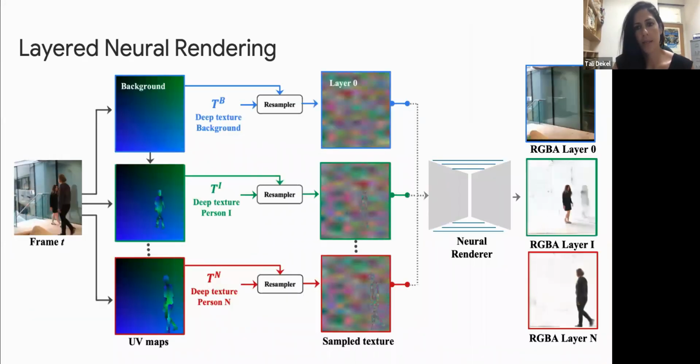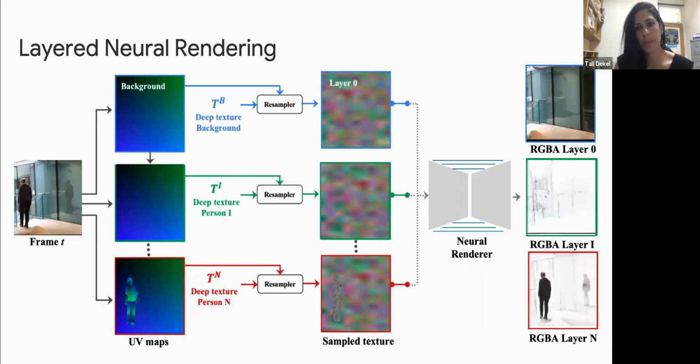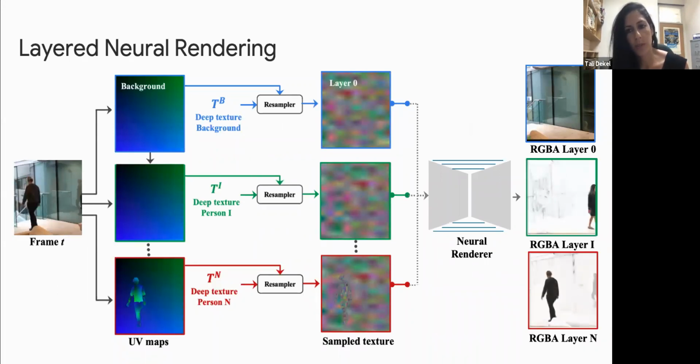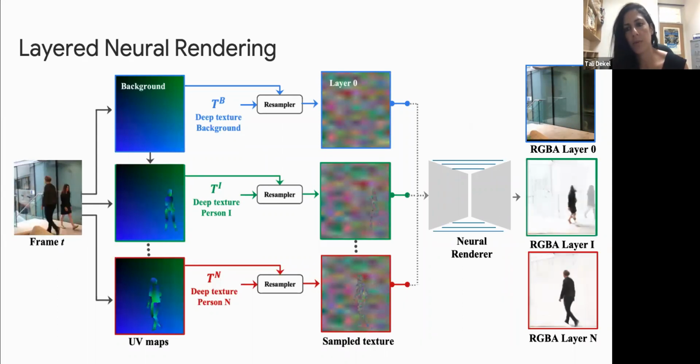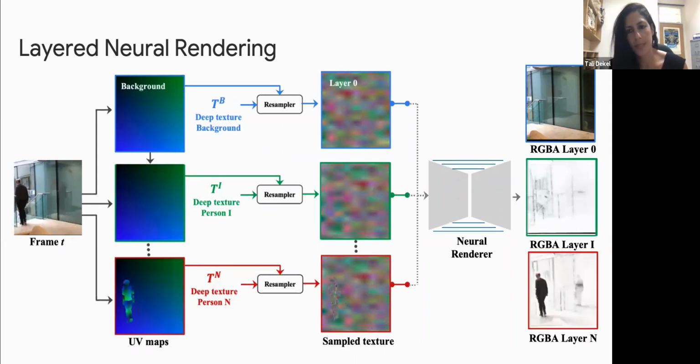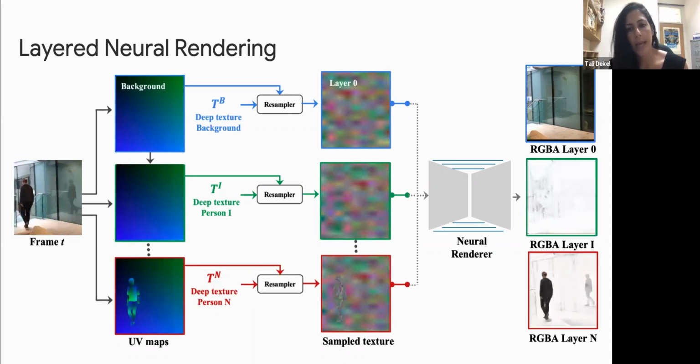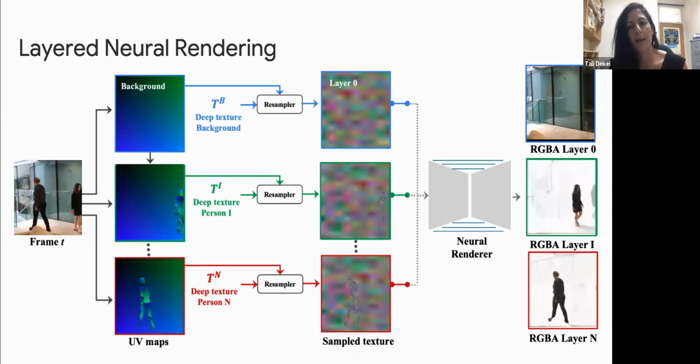Okay, so we train our neural renderer on the entire video. And now I want to explain a bit about the intuition. You can see that at each forward pass, the neural renderer sees only an explicit representation of a person over a static background. But in order to accurately reconstruct the full video, it must also reconstruct all the time-varying scene elements, like the reflection on the glass.